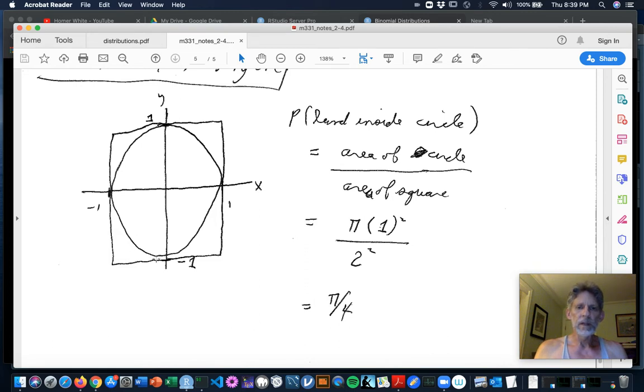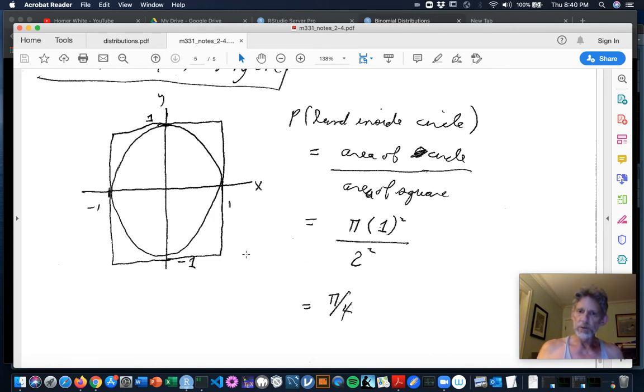And then if you just graph x squared plus y squared equals 1, then you've got a circle whose center is the origin and whose radius is 1, so it touches the square at those 4 points that I'm trying to show.